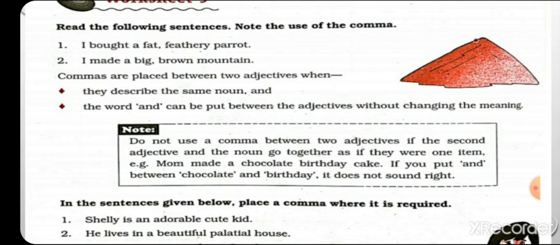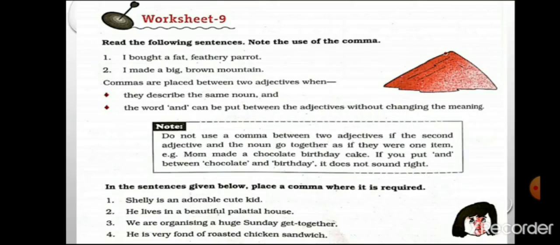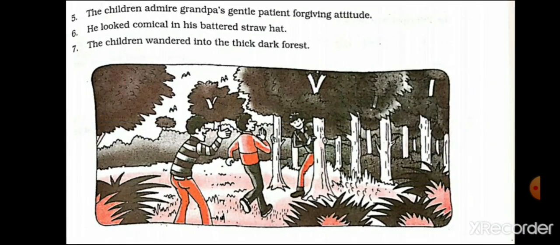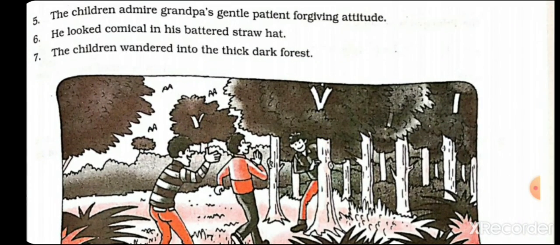Or we can write, the children admire grandpa's gentle, comma, patient, comma, forgiving attitude. Like this students, you can complete this worksheet also. Put a comma where it is required.